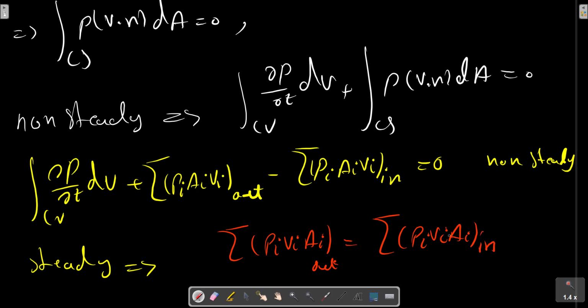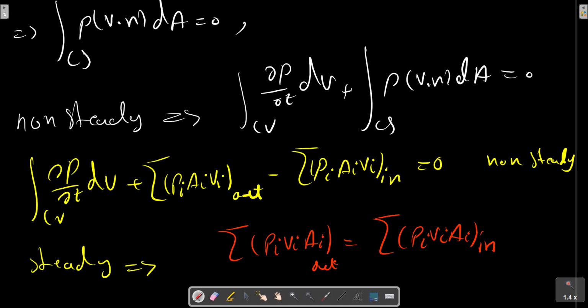This simple approximation is widely used in engineering analysis. For example, there are various examples in the sample problem solutions for any outflow and inflow of one-dimensional fluid flow.